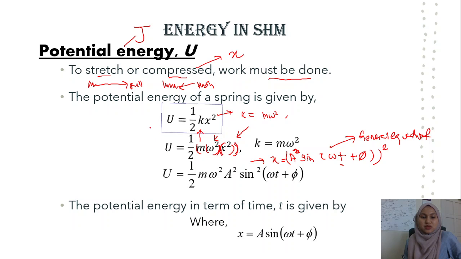So we have three equations for potential energy in a spring: half k x squared, the one where we substitute k, and the third one using the equation of motion. Which one to use depends on the problem given, so refer to these equations when you want to solve problems related to potential energy.